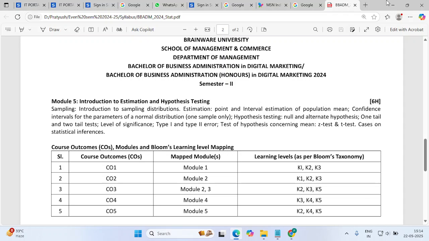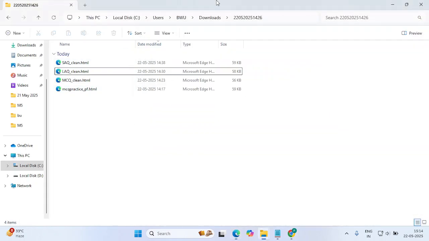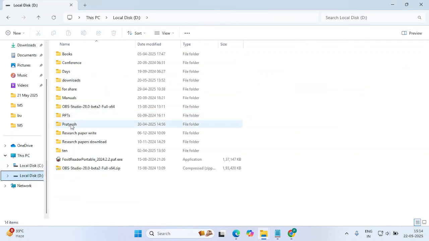Okay. So now let's first try to understand what is the difference between population and sample. So for that, I'll open a document. Using that document, I'm going to explain.